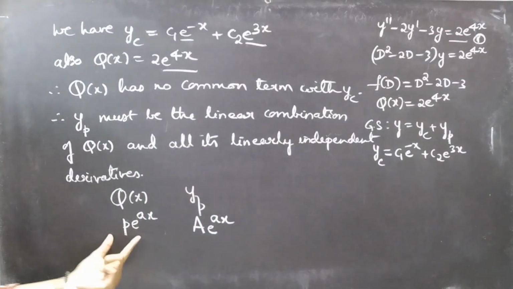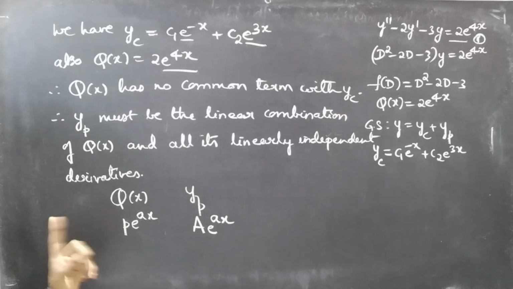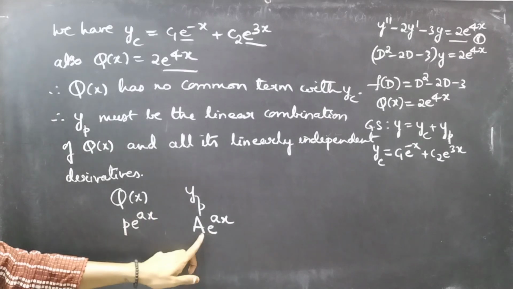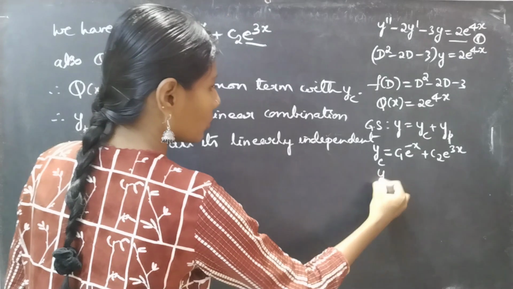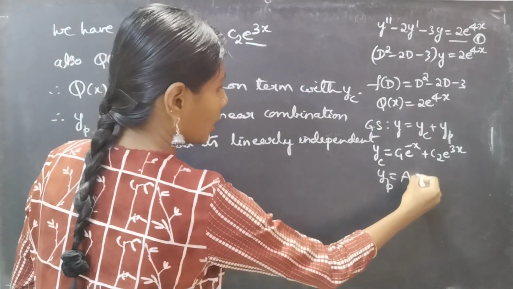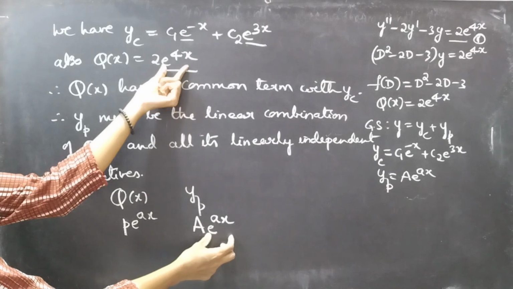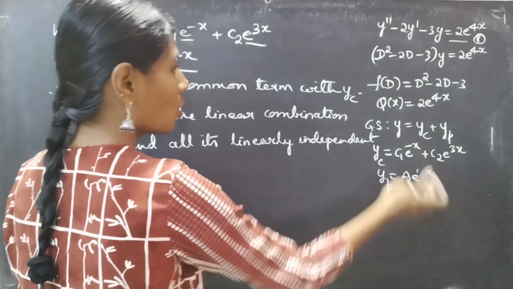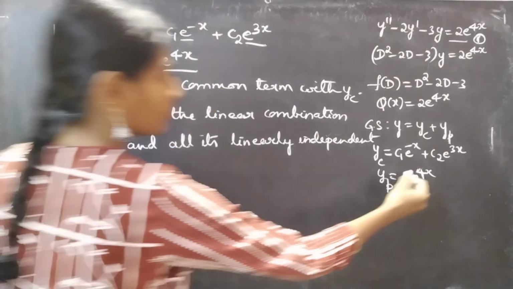That is, when q of x is a constant into e power ax, then yp will be a e power ax. That is a formula. From the formula we'll get yp equal to a e power ax. Just compare e power ax with e power 4x, and for a equal to 4 you'll have yp equal to a e power 4x. Okay, it's 4.